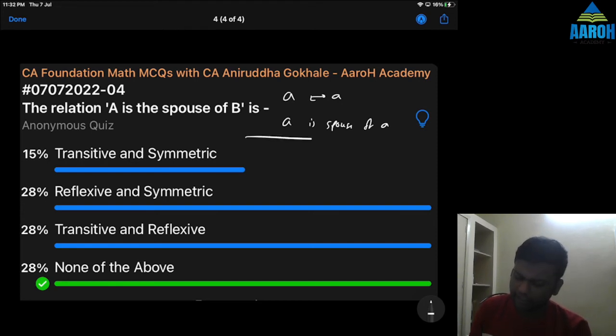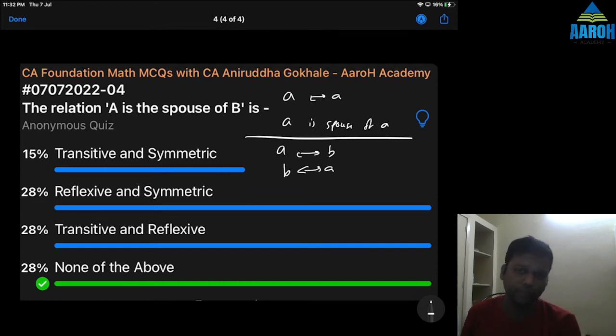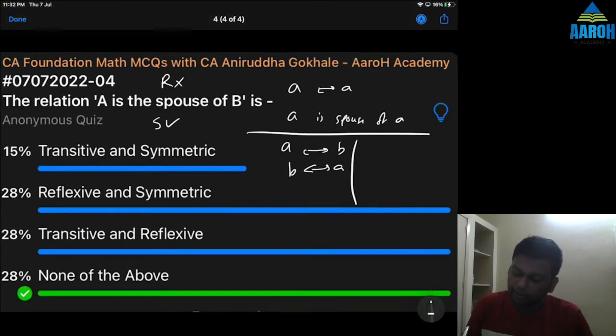Then let's say symmetric. If A is spouse of B, then B should be spouse of A. That is correct because if A is spouse of B, B is spouse of A. Spouse means husband, wife, either, right? So it is not reflexive, but it is symmetric. Let's check transitive. Transitive means if A is spouse of B and B is spouse of C, then A is spouse of C. Is it correct?